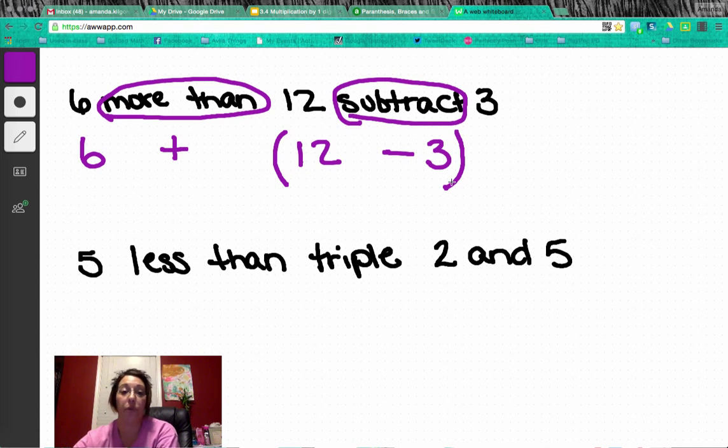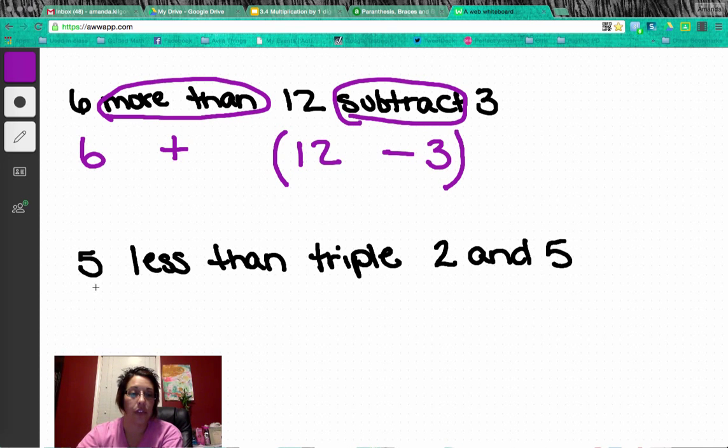In order of operations, I would do 6 plus 12 first. But the problem clearly tells me more than, so do this part second. 12 subtract 3. So I have to put my parentheses in to signify that this piece of work has to be done first.